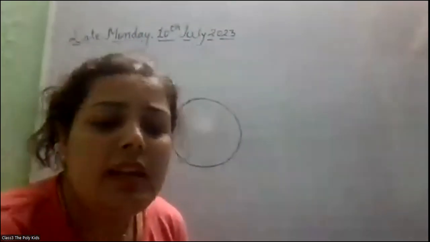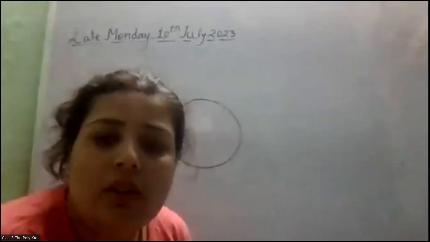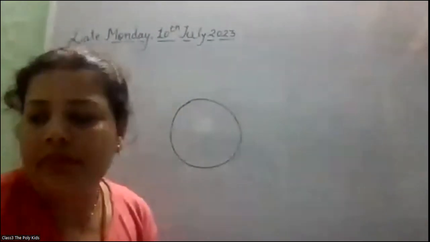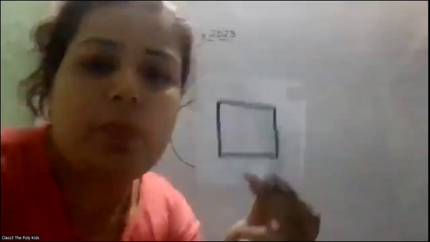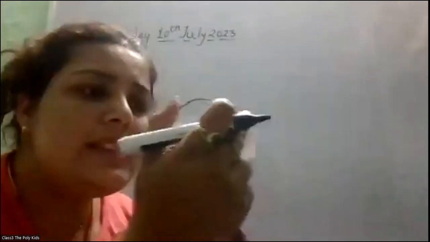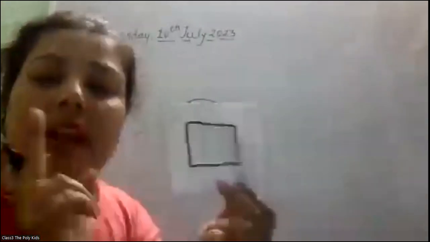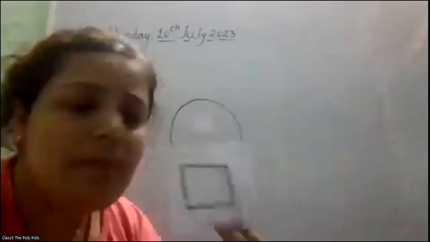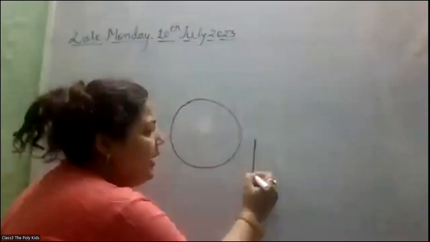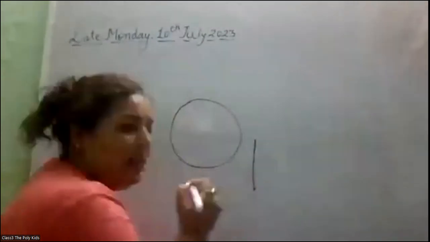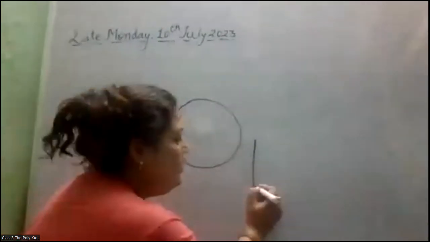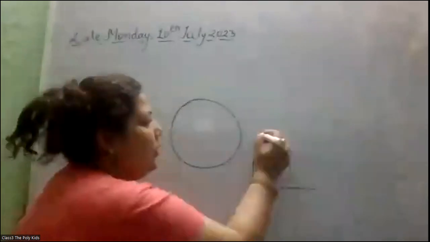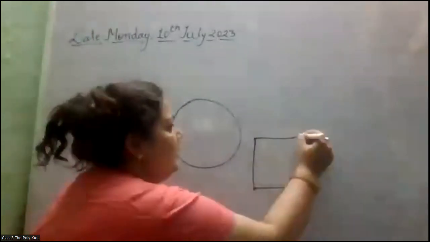What is a corner? If I have this paper, so this line ends there. एक जो line है, वो जहाँ पर end कर रही है, that is the corner, okay? This is the corner.